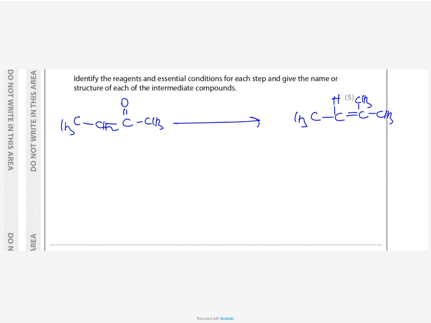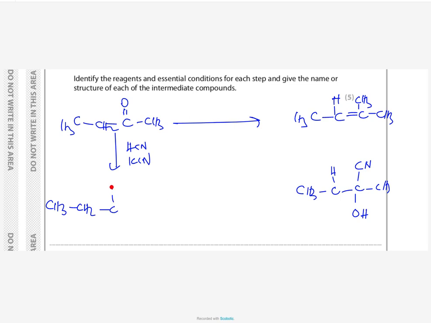If you have this group, CH3, CH(OH), CN, CH3, you can easily form this group by adding HCN, KCN, right? You get the OH, the CN, and the CH3. Then you can easily eliminate the water. You can remove the H and OH, right?